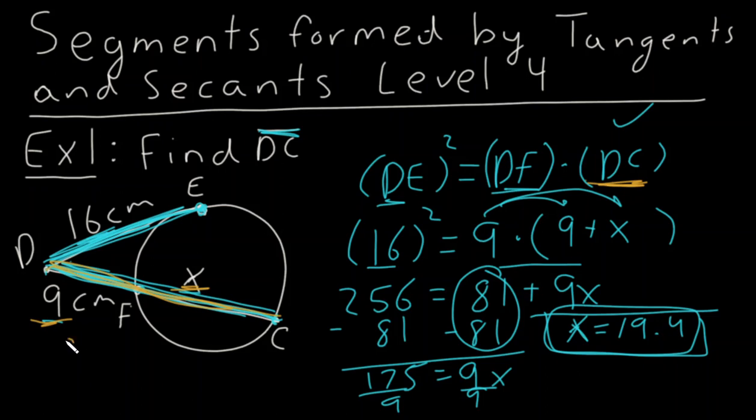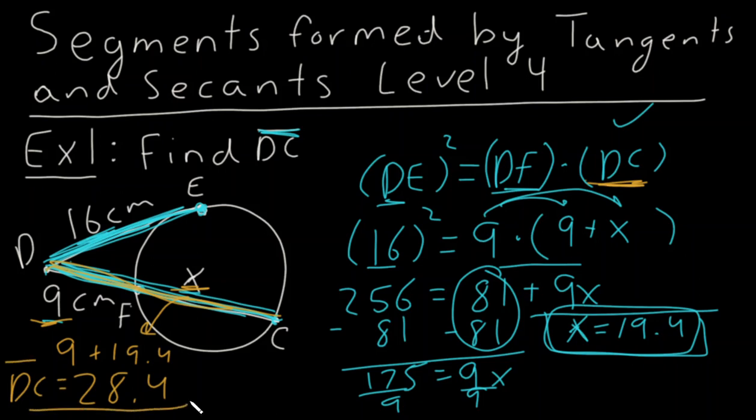So we'll simply say, okay, 9 plus, and I'm plugging this in for X, 19.4, and let's see, what is 19.4 plus 9? That'll give us 28.4. And in this case, we would say that DC is equal to 28.4.